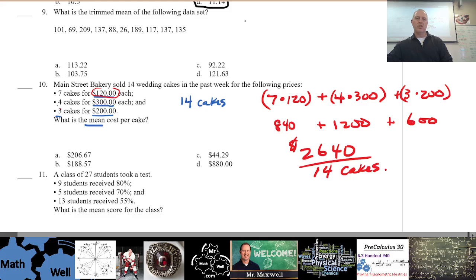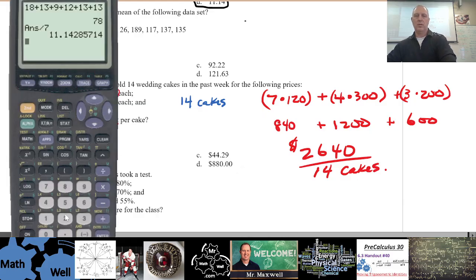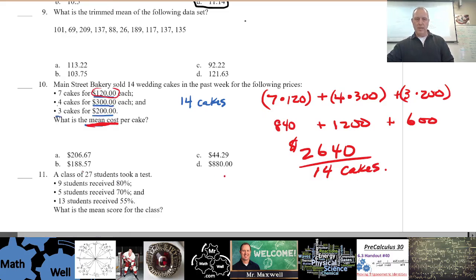So the average, the mean cost, the average cost per cake, you do the total amount of money from the cakes divided by 14. So what is that number divided by 14? 188? Yeah, 188, perfect. 0.57, okay, so is that on here? 188.57?